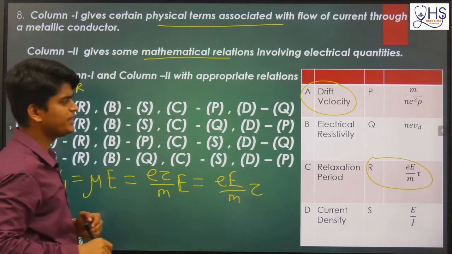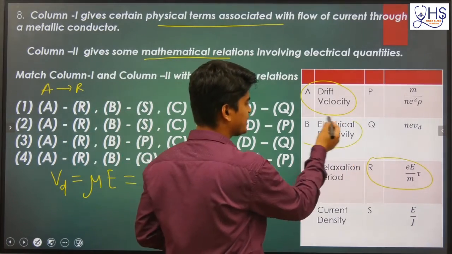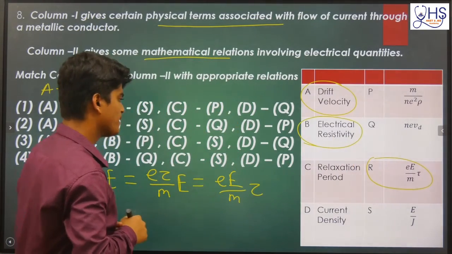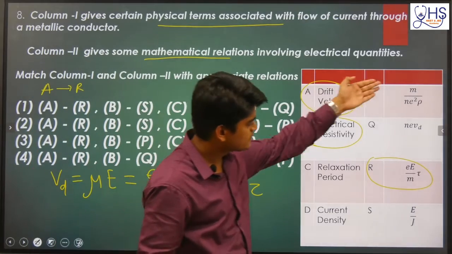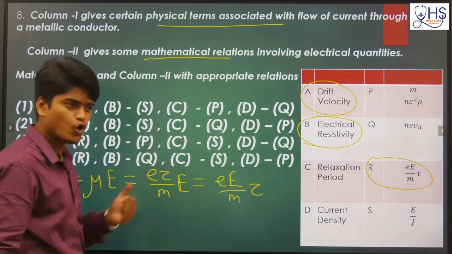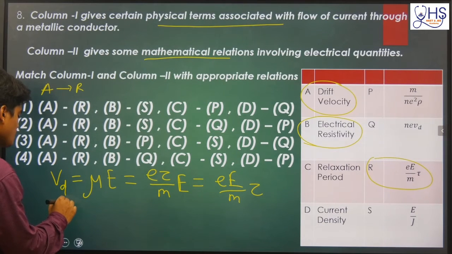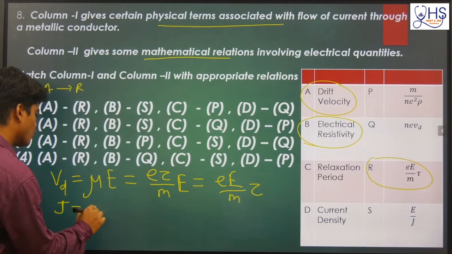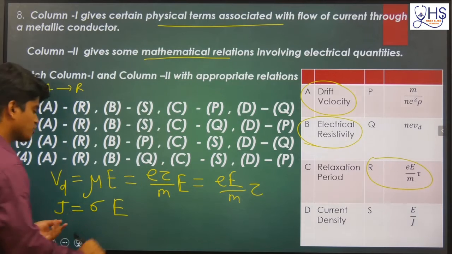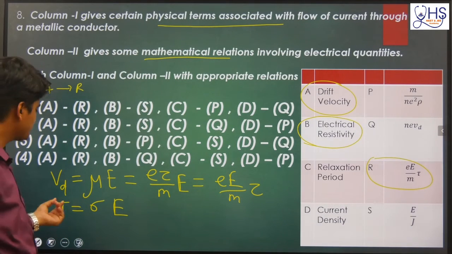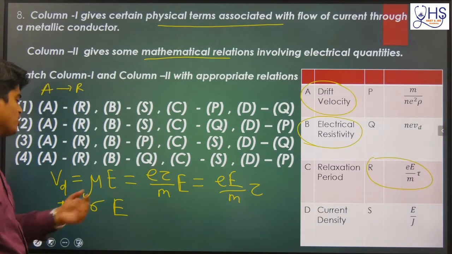Now let me go for B. B is basically electrical resistivity. Here I need to apply Ohm's law. If you apply Ohm's law in its microscopic form, you can write J equal to sigma E, where sigma is conductivity, J is called current density and E is the electric field.